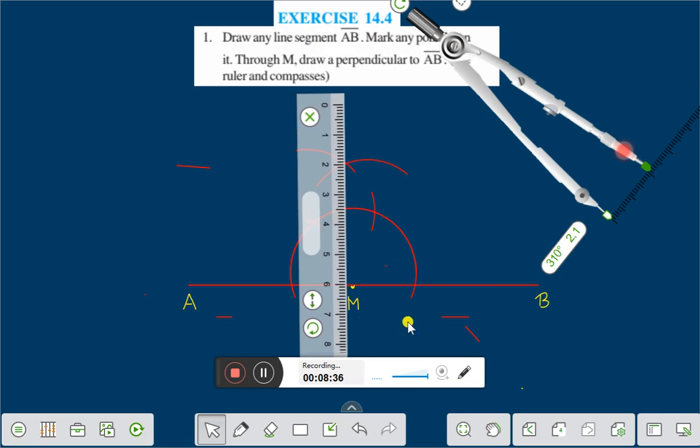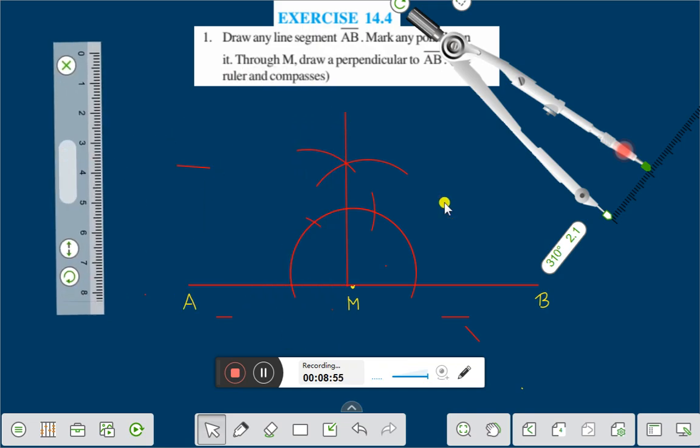Right? Now draw a straight line, right? Now let us name the points on this figure.